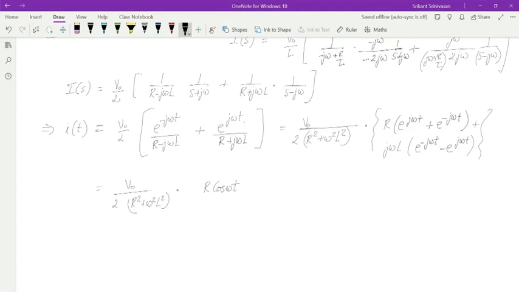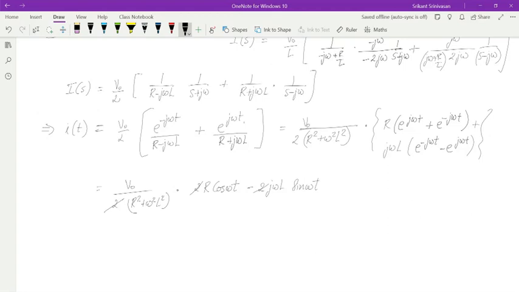It should be 2 cos omega t, so this 2 cancels out. Okay, so it's 2R cos omega t minus 2 j omega L sin omega t. Okay, 2 and 2 are cancelled. So you can see how this has worked out conveniently.